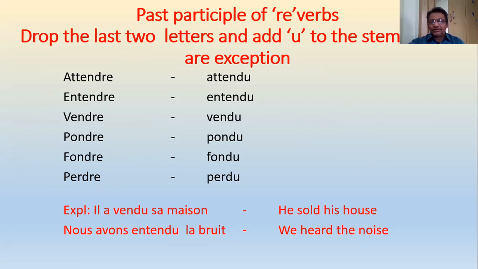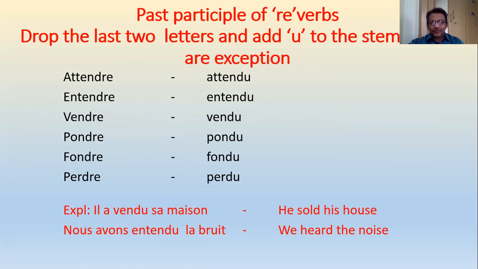Avoir is conjugated with almost all the verbs. Être is used as the auxiliary verb with 14 intransitive verbs and their derivatives, and also with the pronominal, the reflexive verbs. This is how a sentence in passé composé is written.